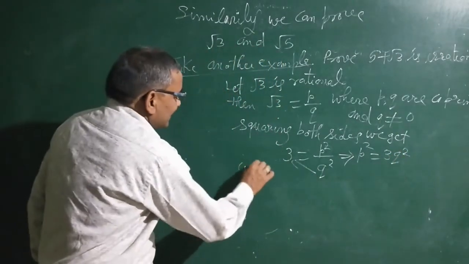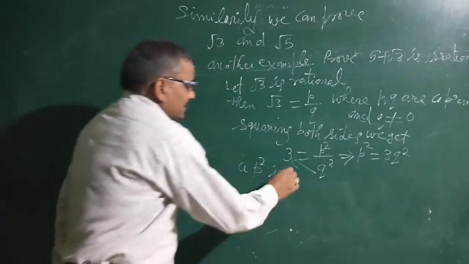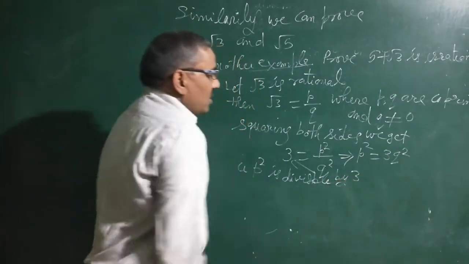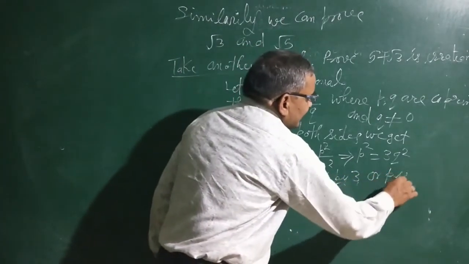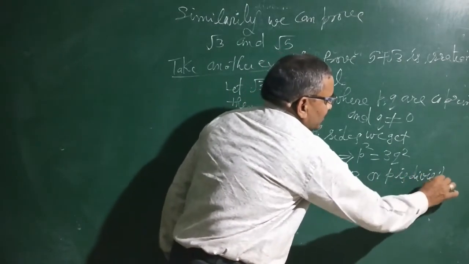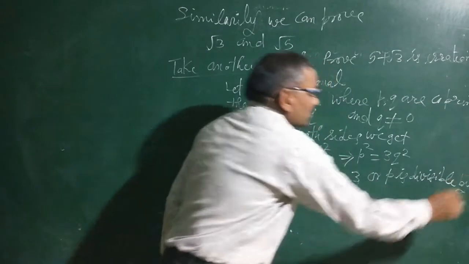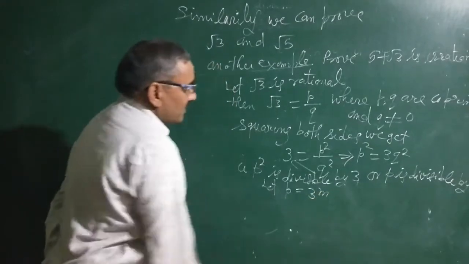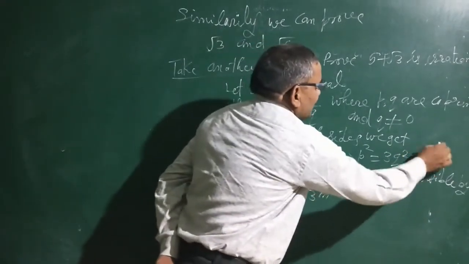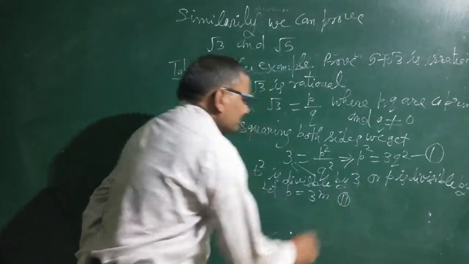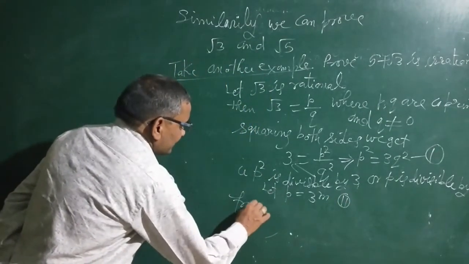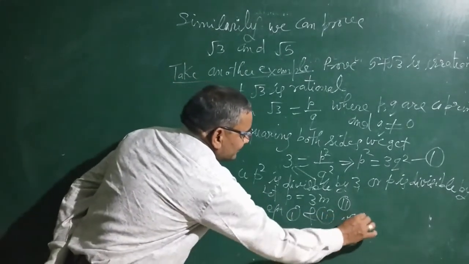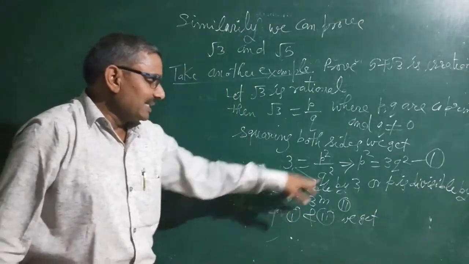That is, p square is divisible by 3, or p is divisible by 3. Let p be equal to 3m. From equations first and second, we put the value of p in equation 1.